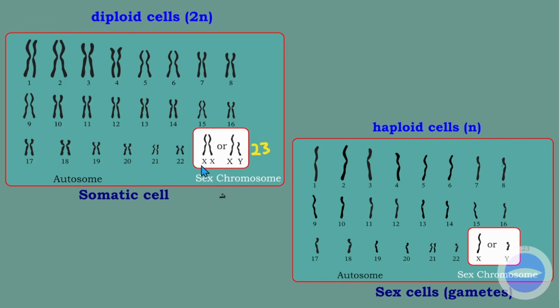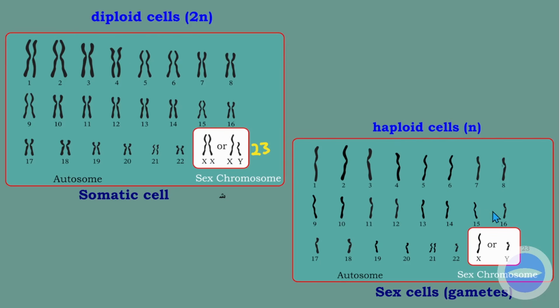Like here, if it's X and X, the organism is a female. If it's X and Y, this organism is a male. So you must be able to differentiate. Like here, we have a haploid cell, which also has single chromosomes, not in pairs.